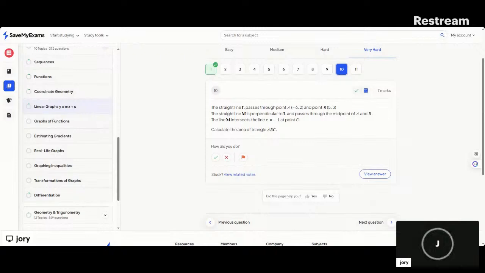Now, how are you going to find C? Oh no, you're going to find the midpoint of A and B because M passes through that. Midpoint of A and B is the two x's added together, which is 1, so it's 0.5.